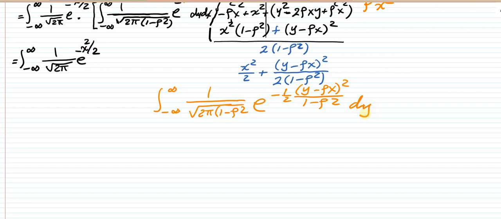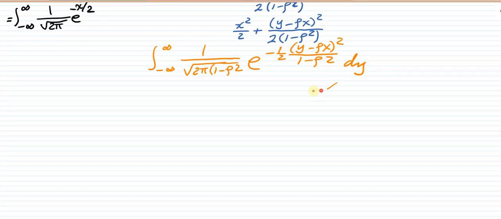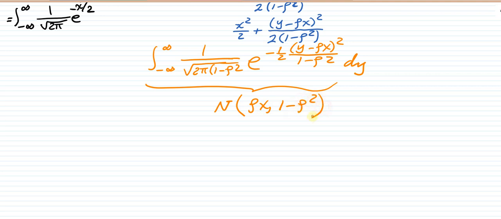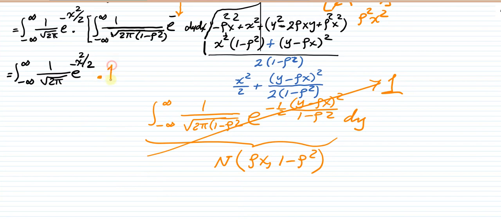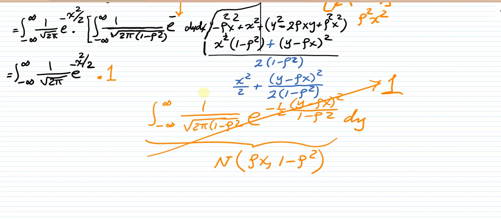This is going to be the area under a normal distribution whose mean is rho x and variance 1 minus rho squared. So all of this is going to be 1 for that reason. So the integral is going to be 1. So that's times 1. And then of course we have the dx, differential of x on the outside.